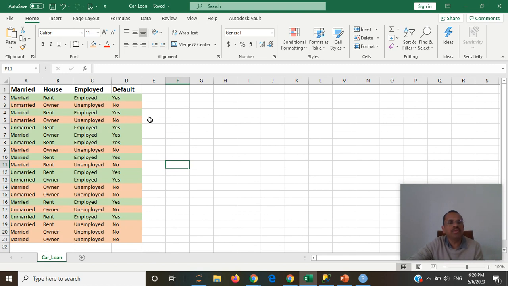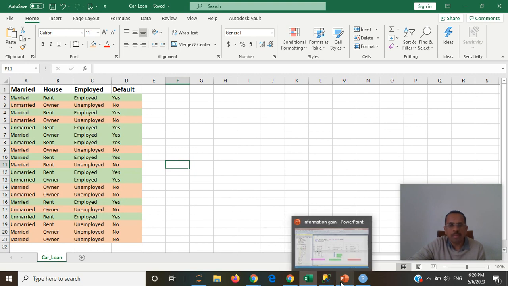And to come to that conclusion, I have this information, which is whether the person is married or not, whether the person owns the house or rents the house, and whether the person is employed or unemployed. And depending on these criteria, I try to predict whether the person will default or not.